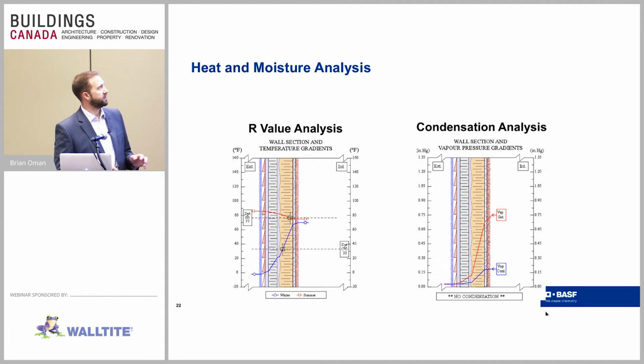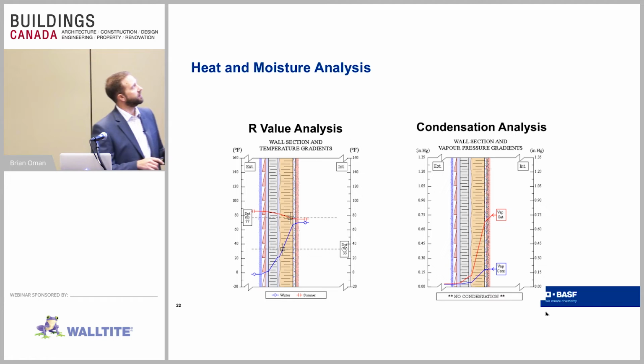So just to illustrate what's going on in here, this would be an analysis of a wall here in Toronto, and this is actually that retrofit wall. So we have our medium density closed cell foam in the wall cavity, we have our expanded polystyrene on the outside, and you can see our summer dew point falls towards the interior side of the wall, but within the closed cell foam.